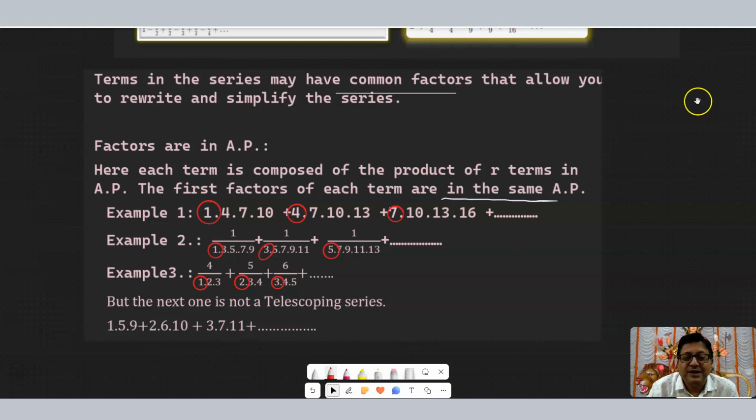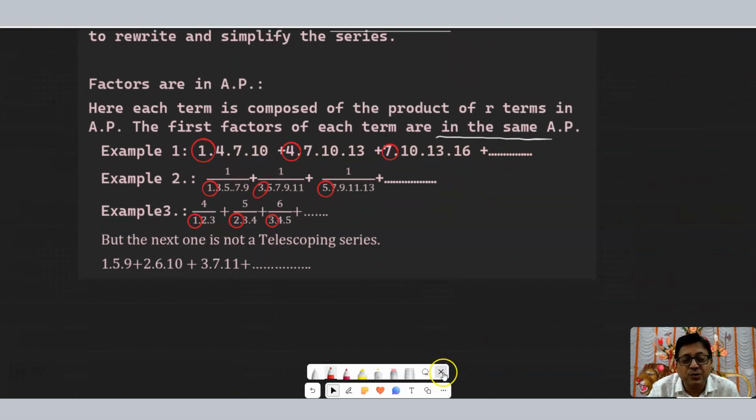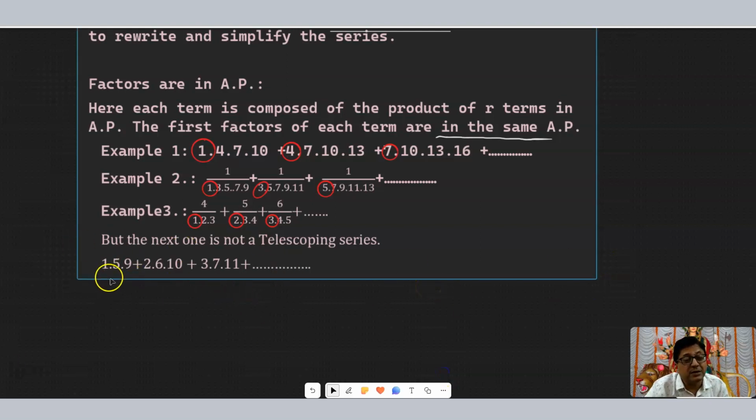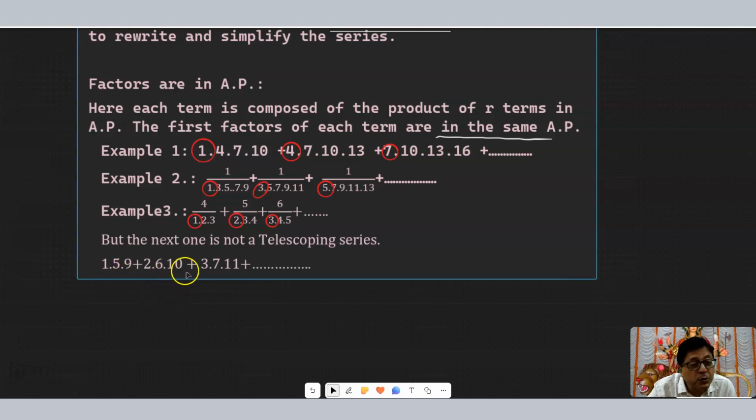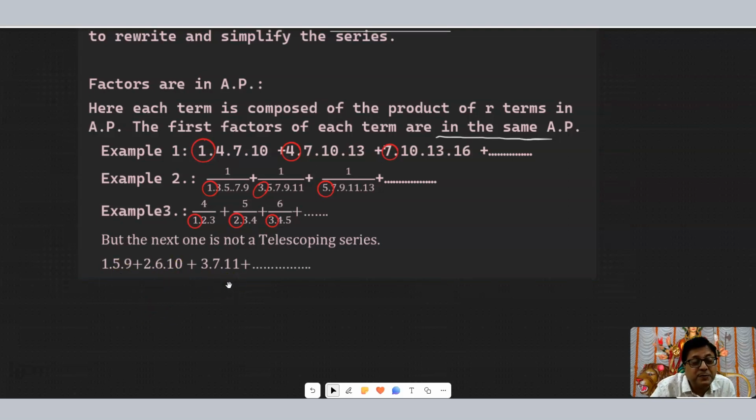But the next one is not a telescoping series. Why is this one not a telescoping series? You will say that 1, 5, 9 are in AP, common difference 4. 2, 4, 2, 1, 6 are in AP, common difference 4. 3, 7, it's fine. But where is the AP? Terms 1, 5, 9, 10, 11, they do not form an AP, although these 1, 2, 3 are in AP.